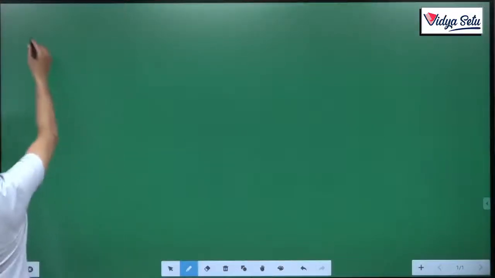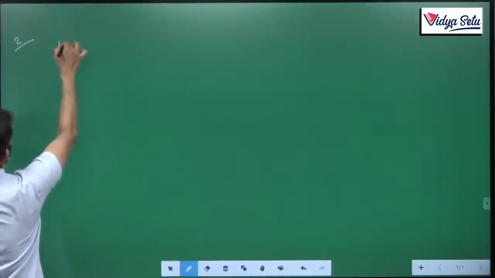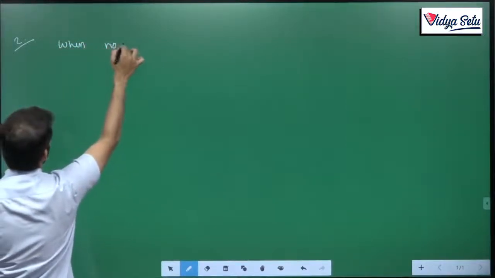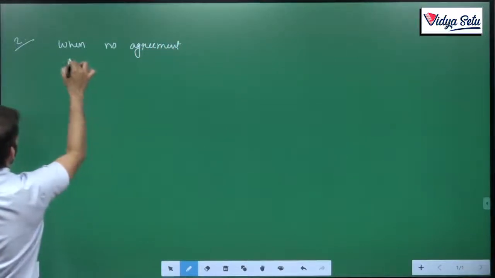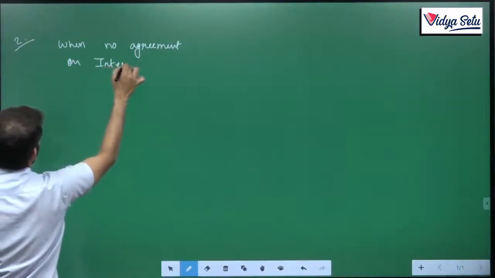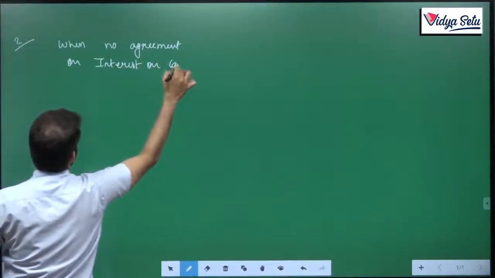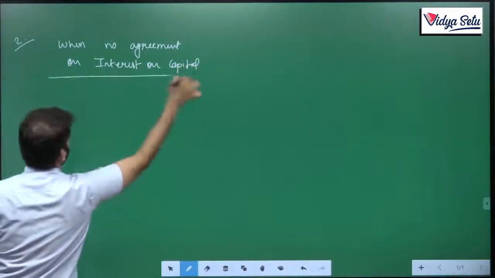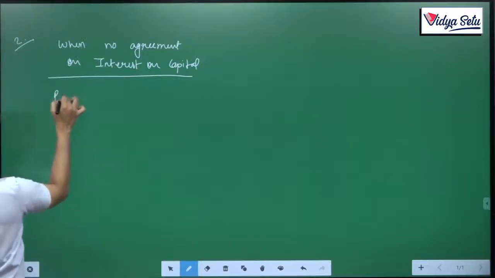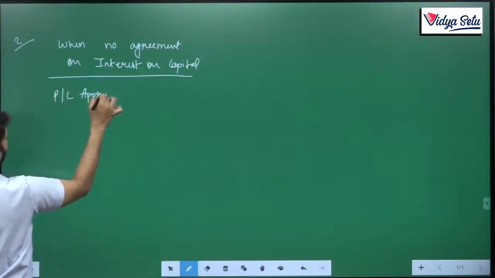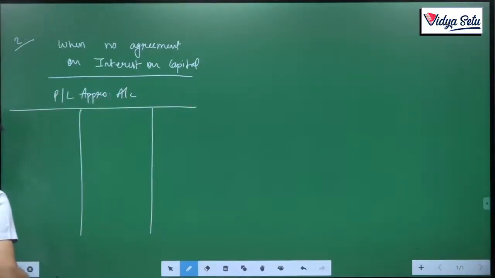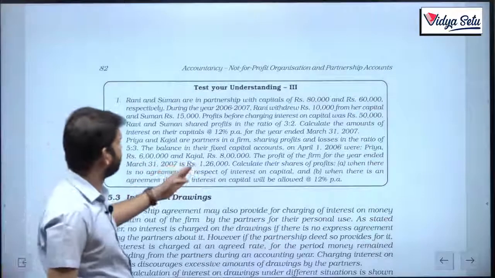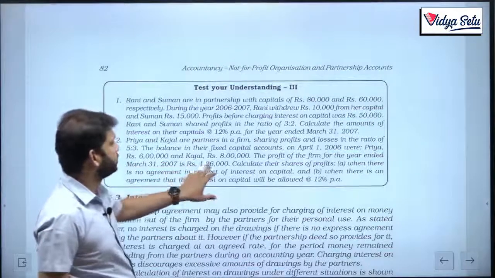Now, when no agreement on interest on capital, then how will the P&L appropriation look like? How much was the profit? 1,26,000. Okay.